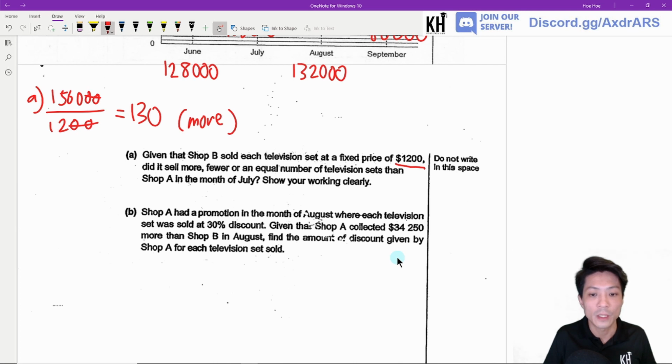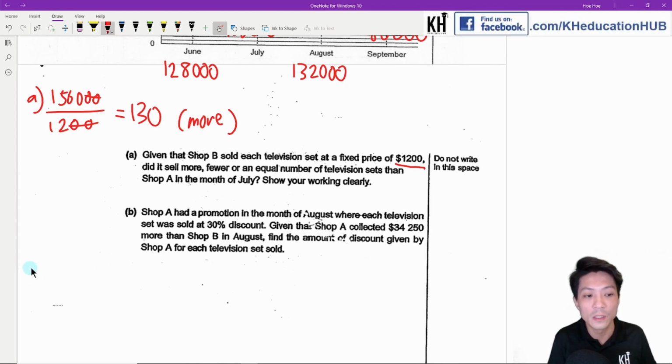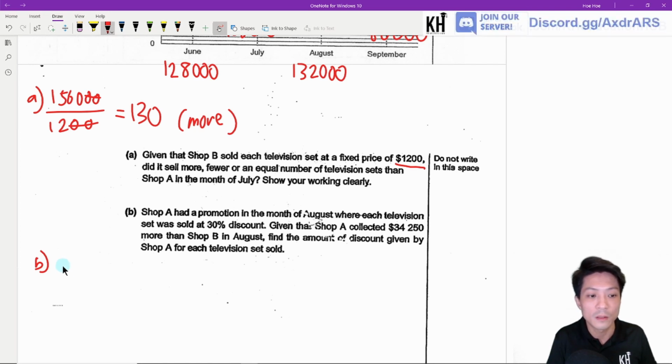Okay, so shop A collected more than shop B, right? So for part B, the first step would be to use the amount collected in shop B, 132,000, plus 34,250.